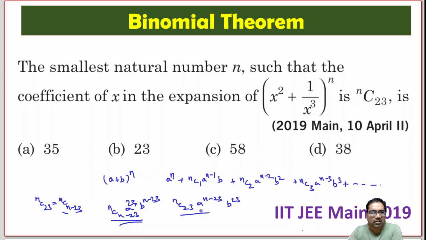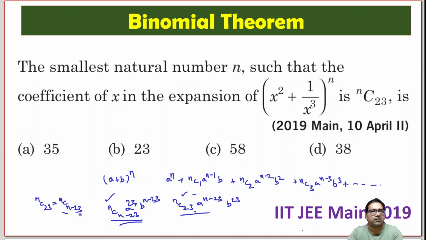In both cases the power of x should be 1. When the power of x in both cases is 1, we need to find in which case n is minimum. nC23 is coming at two different places: when b is raised to the power 23, we get nC23, and when a is raised to the power 23, we get nC(n−23), which is nothing but nC23 itself.